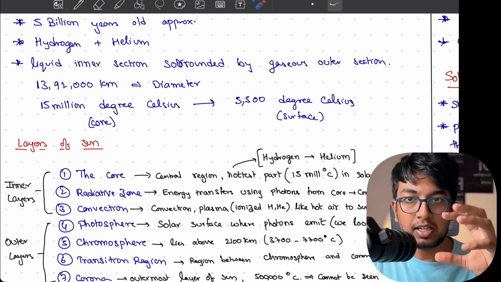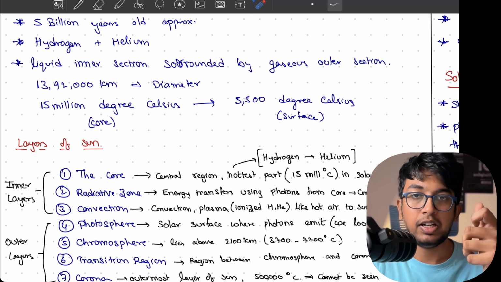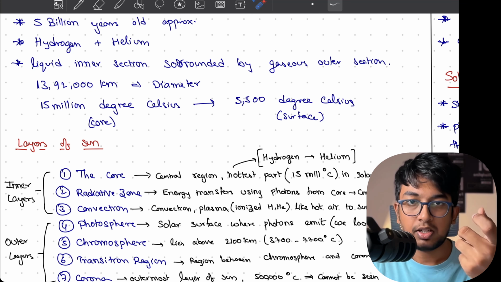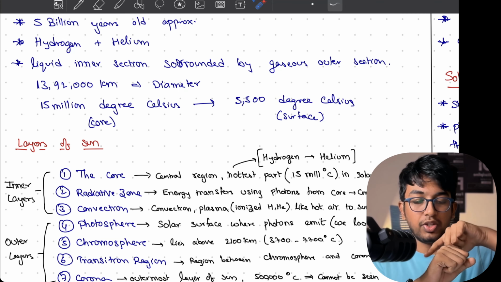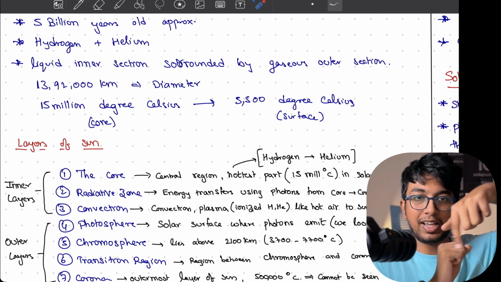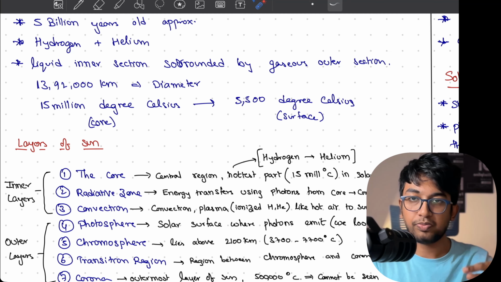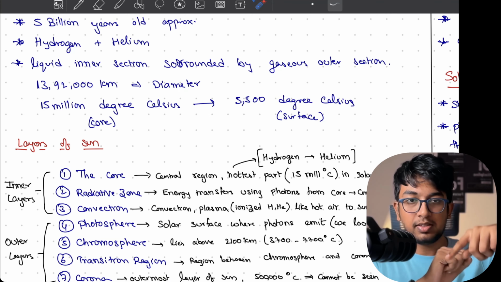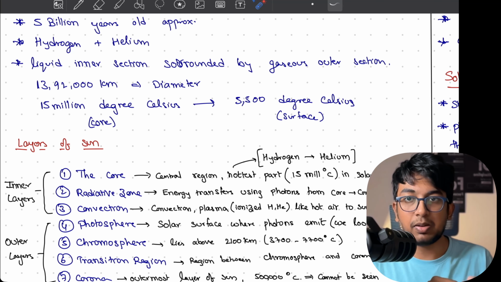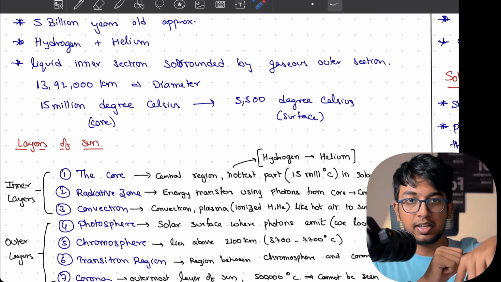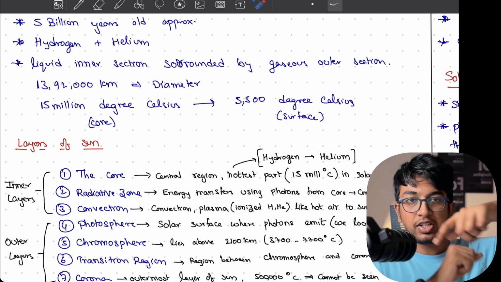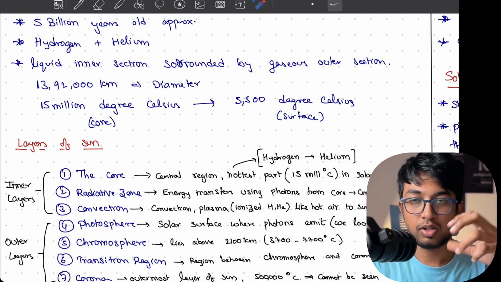Basically, the inner section of the sun is liquid in nature. The inner core is liquid in nature and it is surrounded by the gaseous outer section. You understand this? We will get deep into the layers also. Here the layers of the sun we will cover in a minute. But the inner liquid section, whatever it is there, it is covered with the gaseous outer section.